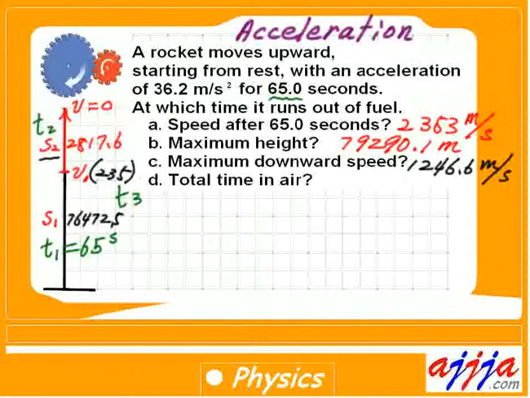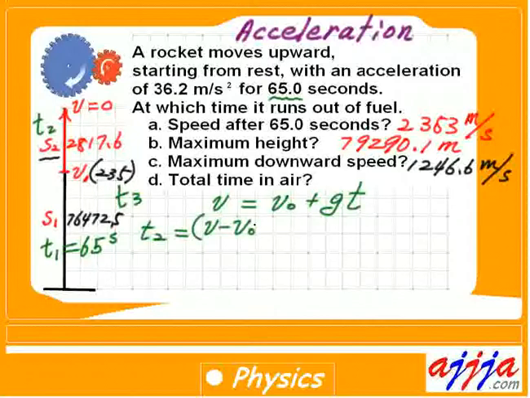V final equals V initial plus AT, which in this case is gt. So from this, we can say T2 equals, since we're looking for T2, V minus V0 over g. That's it.